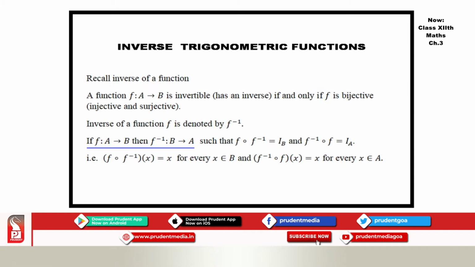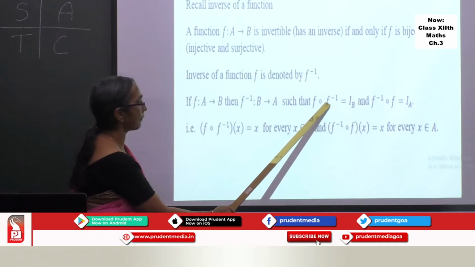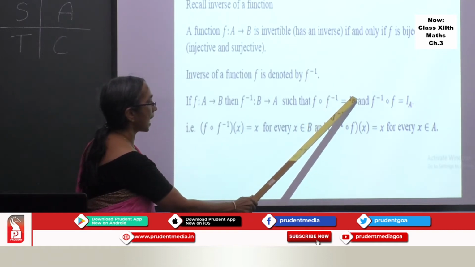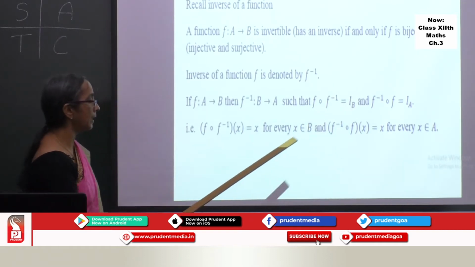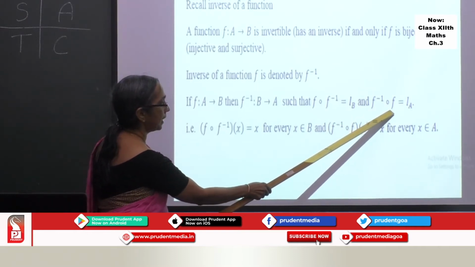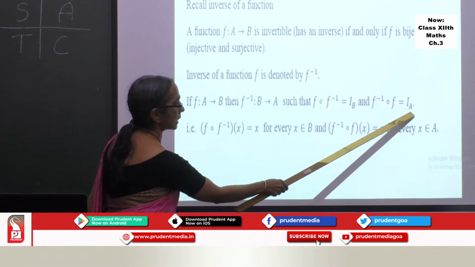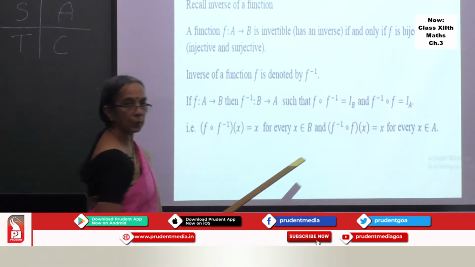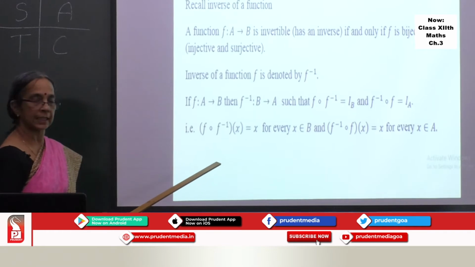Now, if f is a function from A to B, then f inverse is a function from B to A, such that f composition f inverse is the identity function on B and f inverse composition f is the identity function on A. Now, what do you mean by identity function?